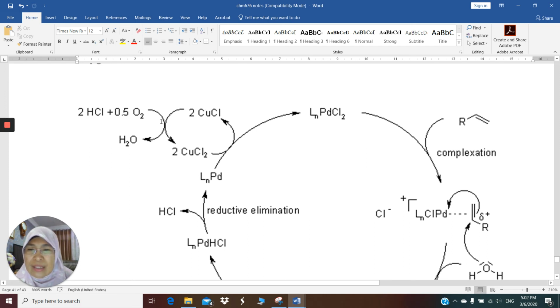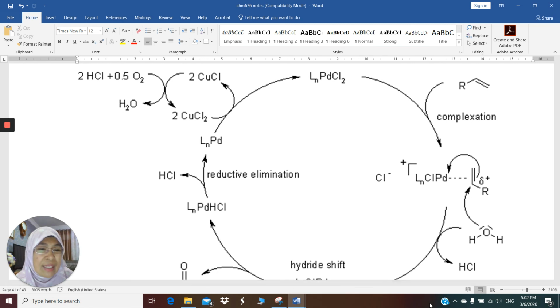The copper 2 is going to react with your palladium just now to produce your catalytic species, and then the copper will become copper 1. This is the co-catalyst reacting with your palladium to produce your species that is ready for the next cycle. But the copper 1 will react with this HCl. Remember, there is an HCl in here. It will react with this copper 1 to reproduce your copper 2.